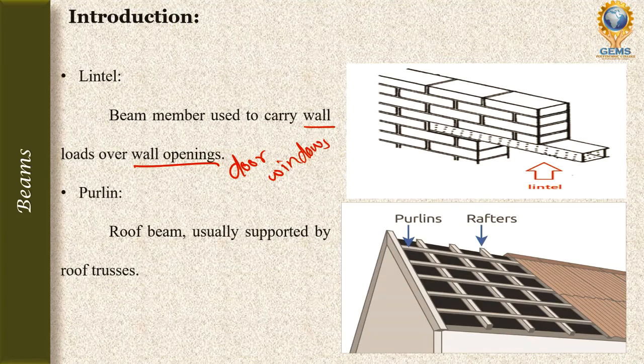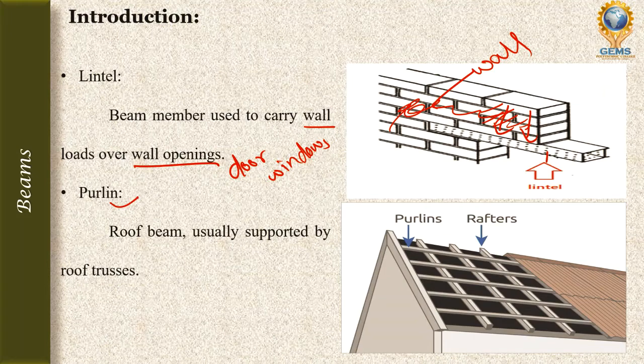The main function of the lintel beam is to carry the wall loads over the wall opening. So this is the wall, and we have a lintel beam. All of this portion is wall, and the load from it will be carried by the lintel. Next is the purlin.